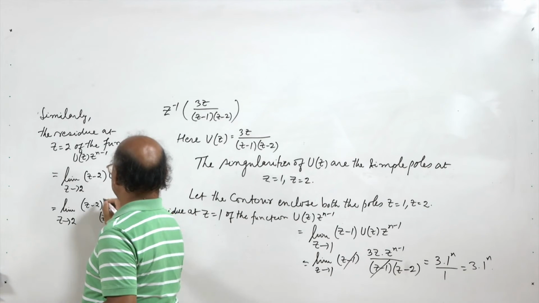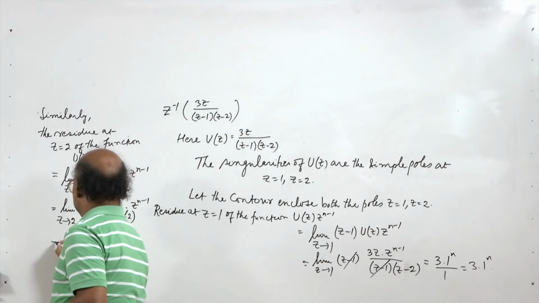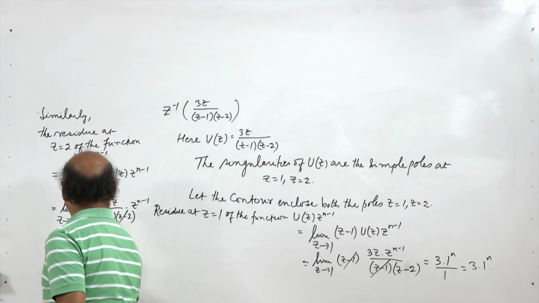So, this will cancel with this, and when z tends to 2, what we get is 3 into 2 to the power n.